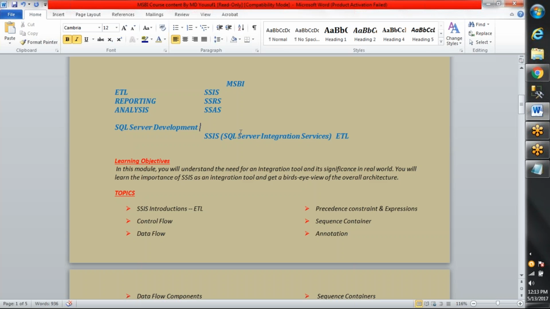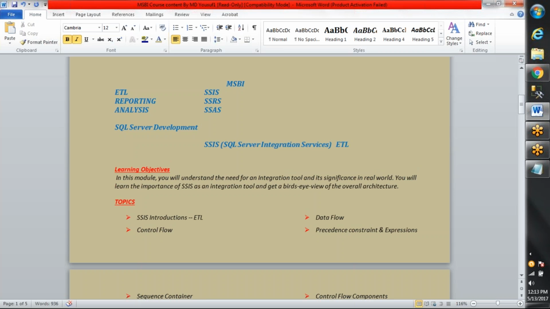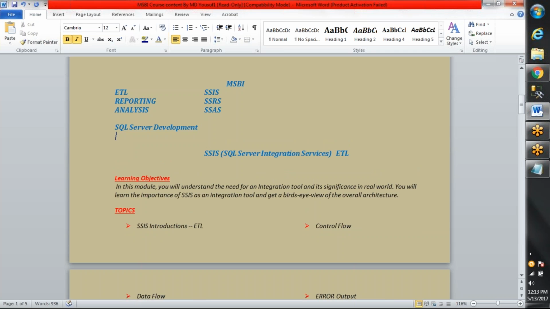Sorry to interrupt, quick question. Does SQL Server development include T-SQL? Yep, it will be from scratch. We are going to look at the basics, and we are also going to see DDL and DML commands and different types of select statements.